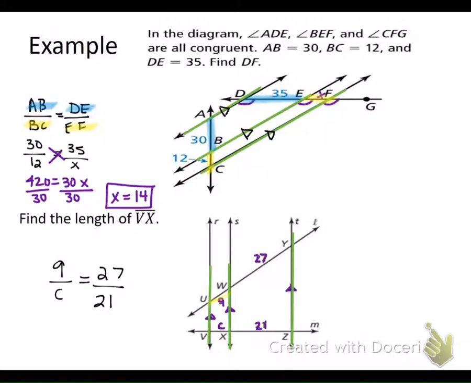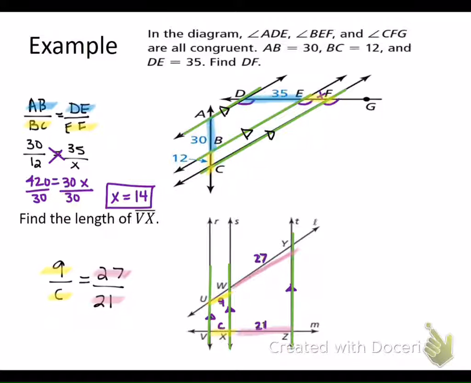So 9 and C are in the same spot, so that's why those are together. And again, there's different ways to write these, so that's why it's good that all of you are answering them a little bit differently, because this works too. And then 27 and 21 are in the same positions.